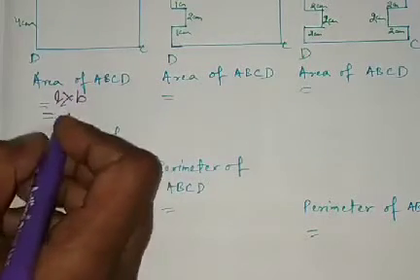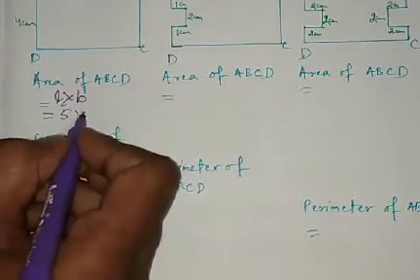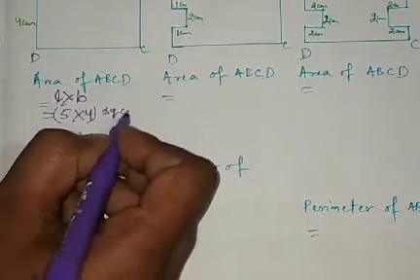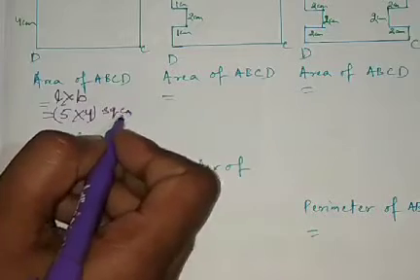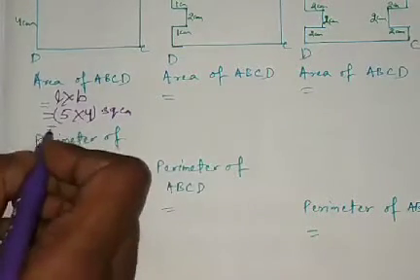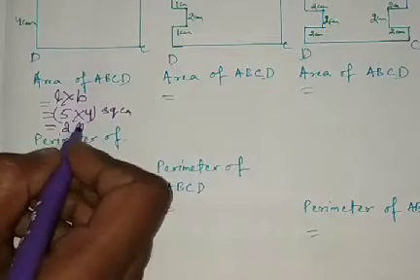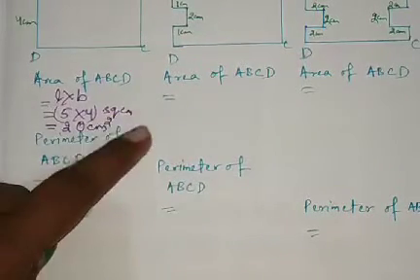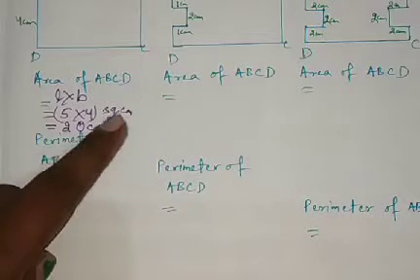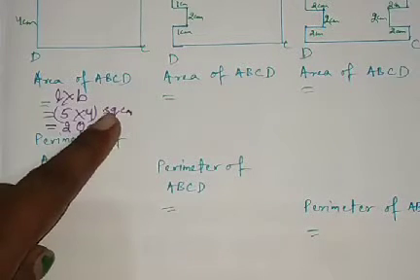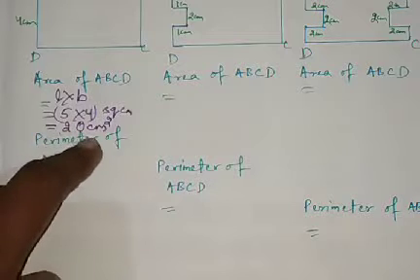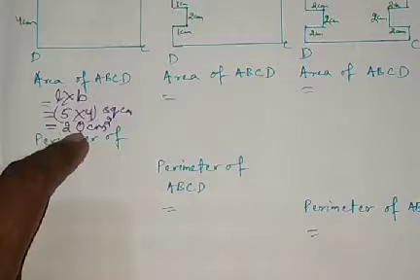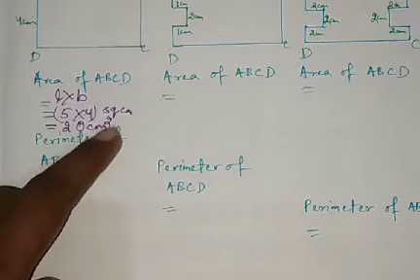So area equals 5 into 4, square centimeter, or you can write it as cm square. 5 into 4 equals 20 cm square. You have to read it not as 20 cm square but as 20 square centimeter.